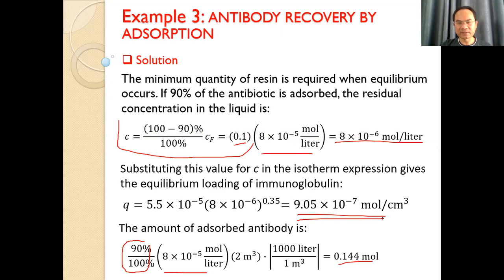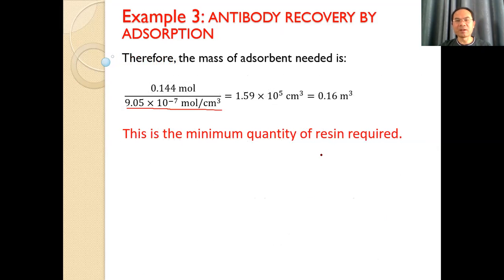It's the concentration of immunoglobulin G at the surface, meaning mole of immunoglobulin G per volume of adsorbent. You get the volume of adsorbent, 0.16 cubic centimeter per cubic meter.